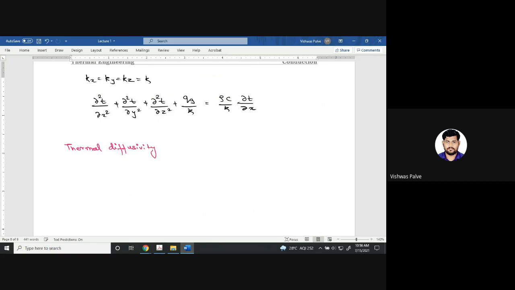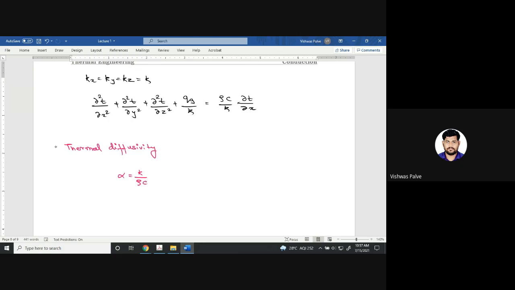Now let us take an example for that. If we have a paper, a blotting paper, and if I drop one drop of ink on it, what will happen? It will absorb that ink. So the amount of heat which is absorbed by the body, that term we can call as thermal diffusivity. Alpha is equal to k upon rho c.